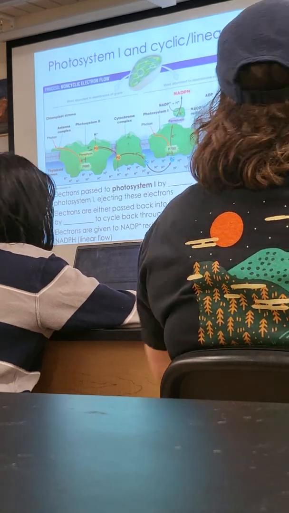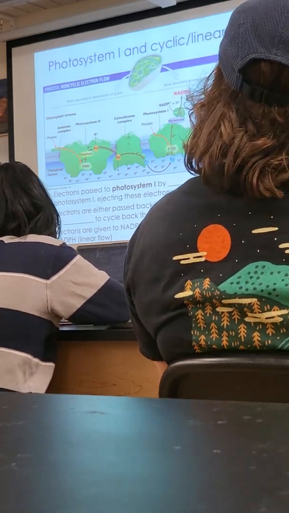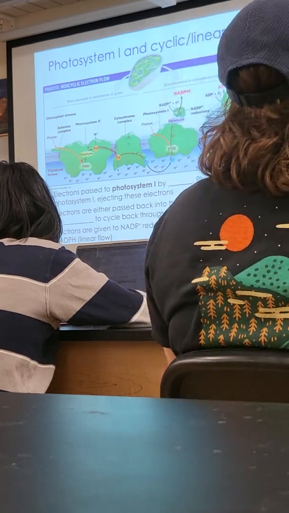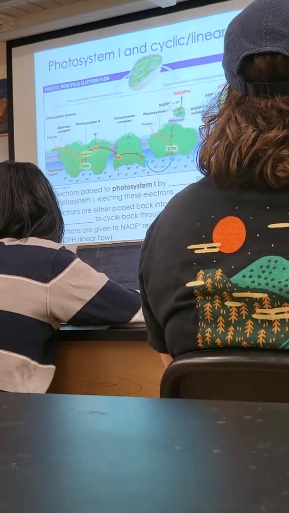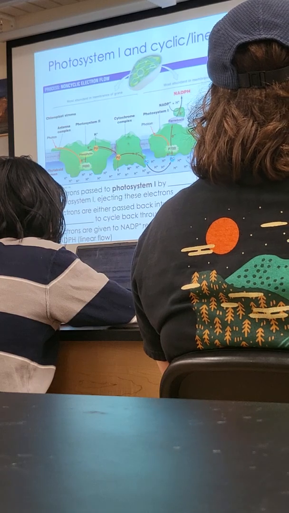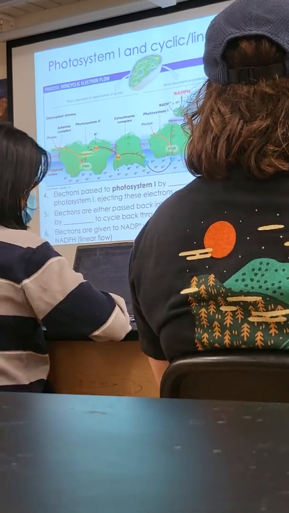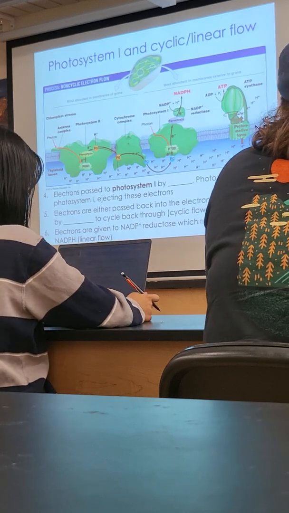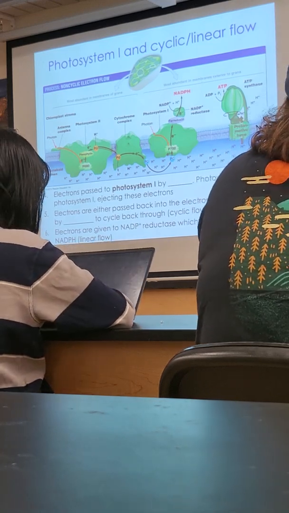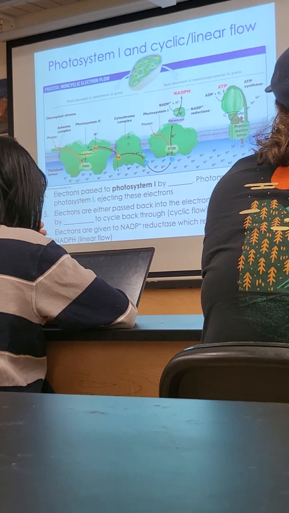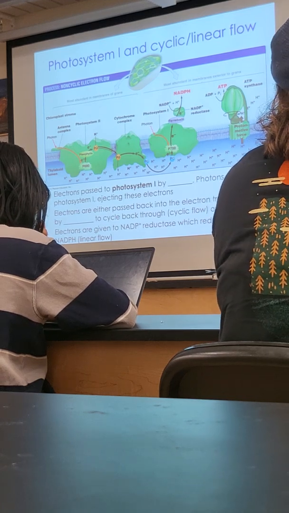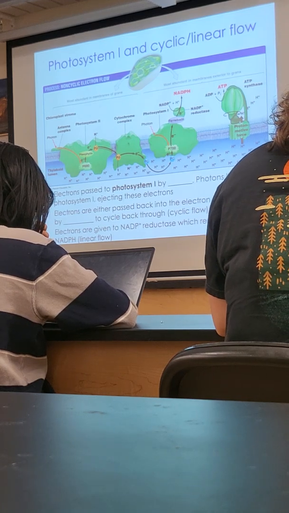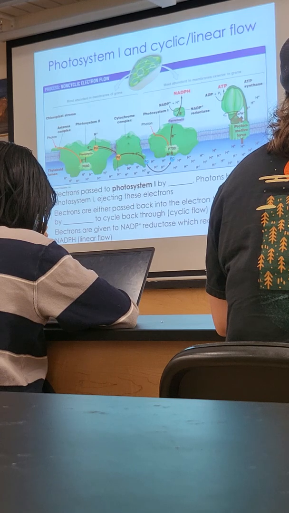If you had to label on here which region of the chloroplast would have a low pH, remember, low pH means high proton concentration. Which part would be building up? Yeah, the lumen. So this is low pH, meaning that we have a whole bunch of protons.